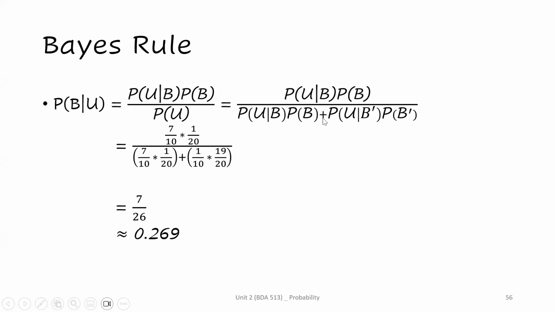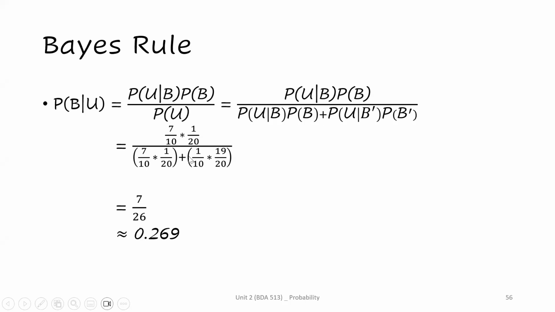That's the first one. Plus those who support Manchester who were not born within 25 miles, times the probability of those who were not born within 25 miles. When you add the two, you get the total supporters for Manchester United. That is the probability of U. That's for those who support Manchester United.